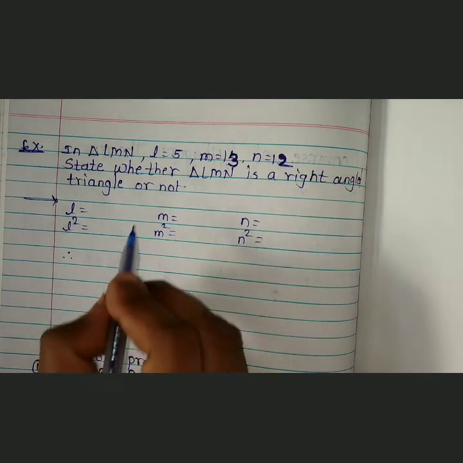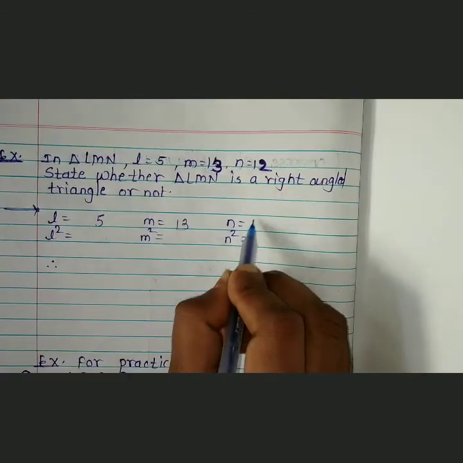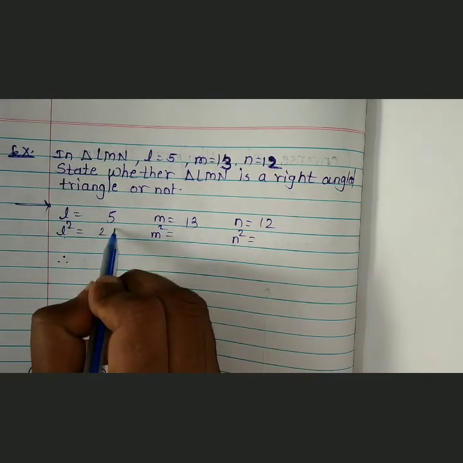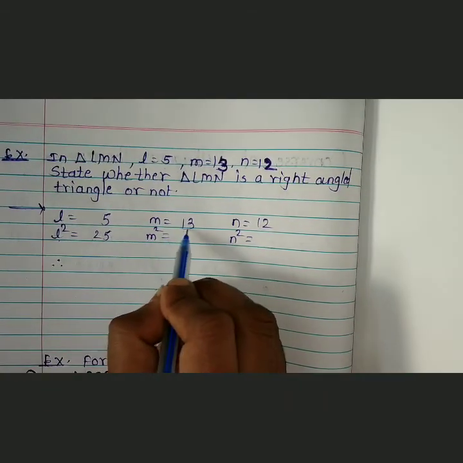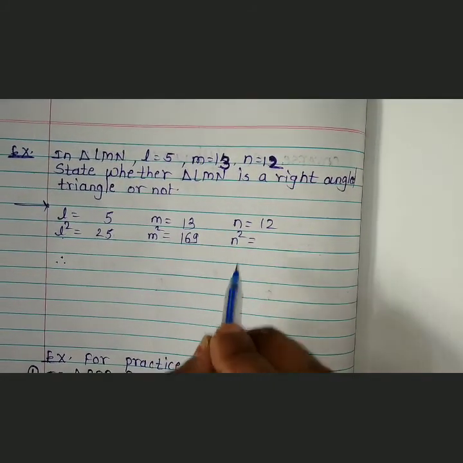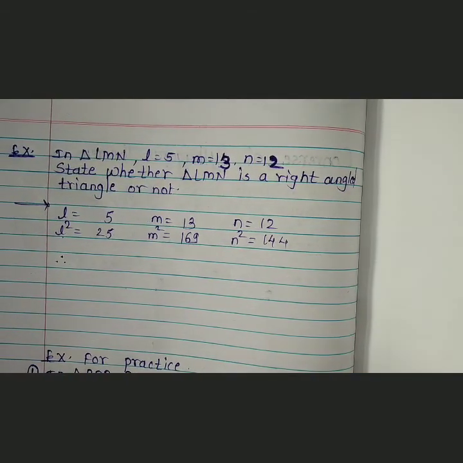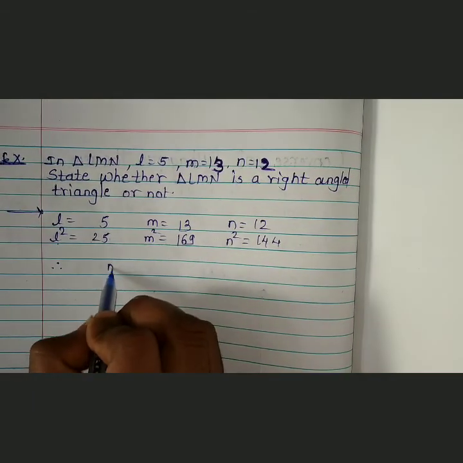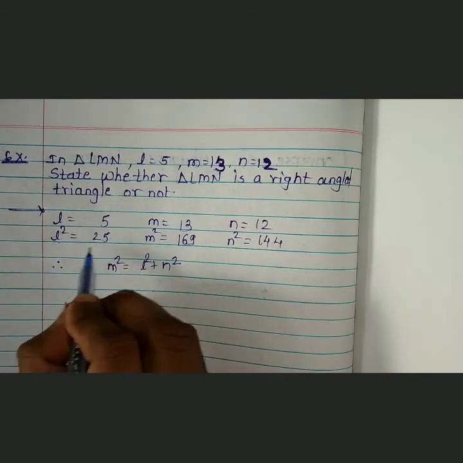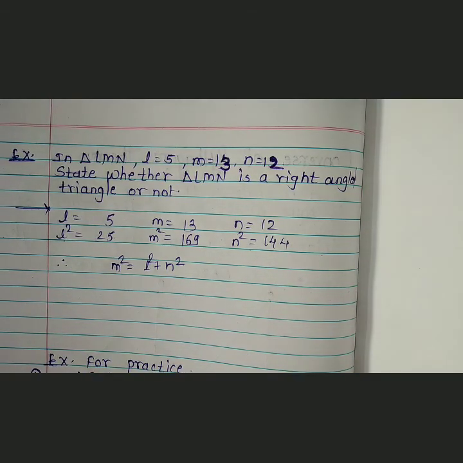Solution. Here L is equal to 5, M is equal to 13 and N is equal to 12. Therefore, L square is equal to 25, M square is equal to 169, and N square is equal to 144. Therefore, here M square is equal to L square plus N square. 25 plus 144 we get 169.